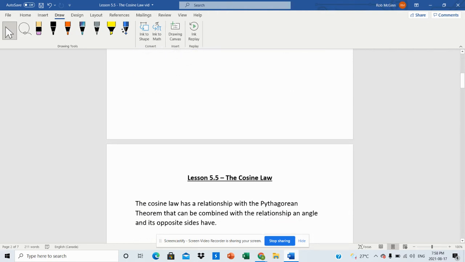So, the cosine law has a relationship with the Pythagorean theorem that can be combined with the relationship an angle and its opposite sides have. I'm not going to go through the proof of the cosine law because it does get into some trigonometric identities, one in particular, and you won't learn those until grade 11 math.